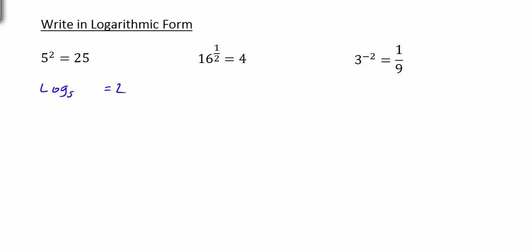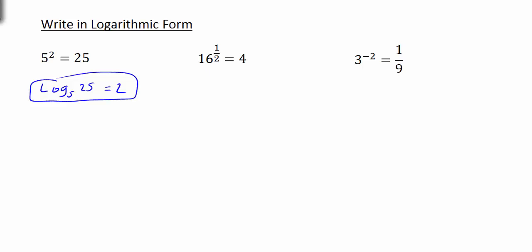The number we're taking the log of is 25. So log base 5 of 25 equals 2. Basically that says 5 raised to what power equals 25? Well, 5 squared equals 25. So that would be the logarithmic form here.